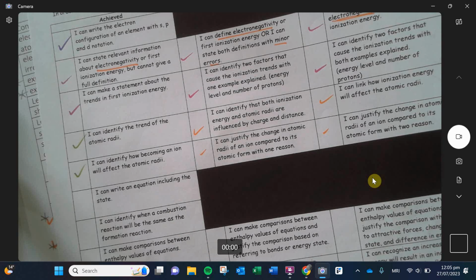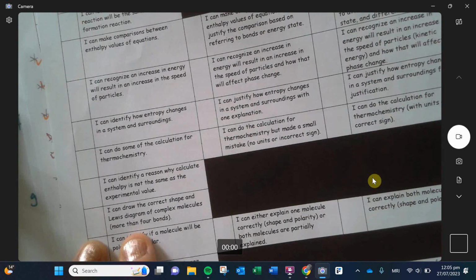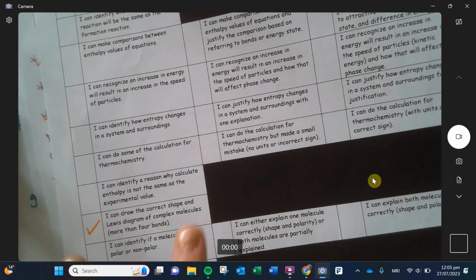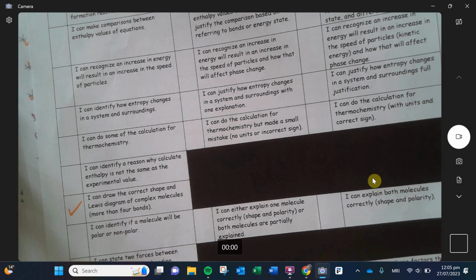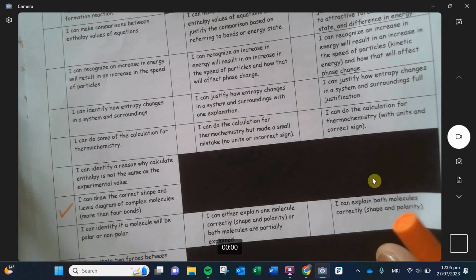Oh, here we go. On the bottom, as an achieved, I can draw the correct shape and Lewis diagram for complex molecules. This will lead into the merit and excellence level answers with the justification of shape and polarity. But this is the first step.